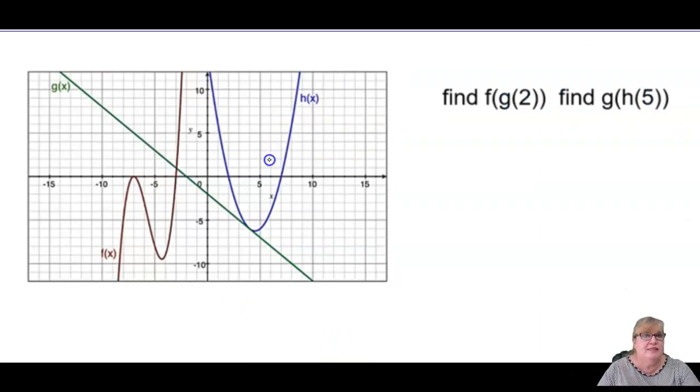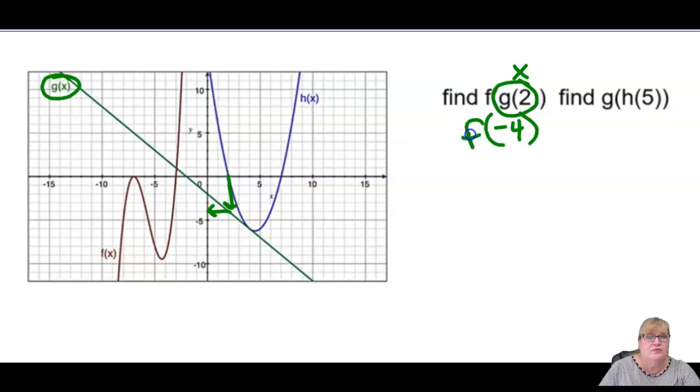I think these are easy peasy, but a little hard to read, so be careful. This says, what is g of 2? Remember, this is an x value. So you are saying put 2 in for x in the g function. Well, it's hard to see, but that one's the g function. If I put in a 2, I get out a -4.